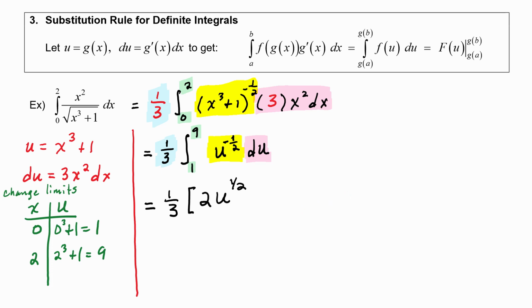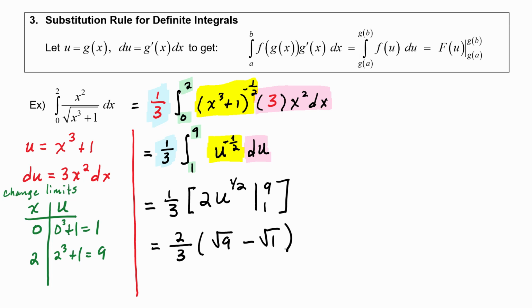And we will have to evaluate that from 1 to 9. Well, this is equal to 2/3, bringing that constant out front. Then we would have 9 to the 1/2, so square root of 9, minus 1 to the 1/2, square root of 1.